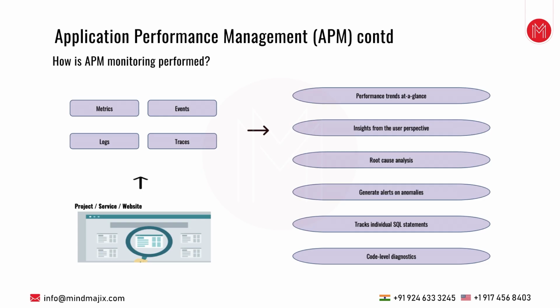Is it at the database end or at the application end? Like I said before, application performance management helps us do code level diagnostics, that is, understanding the code level methods that run that particular transaction, and also fine tuning the class and method that causes the issue.